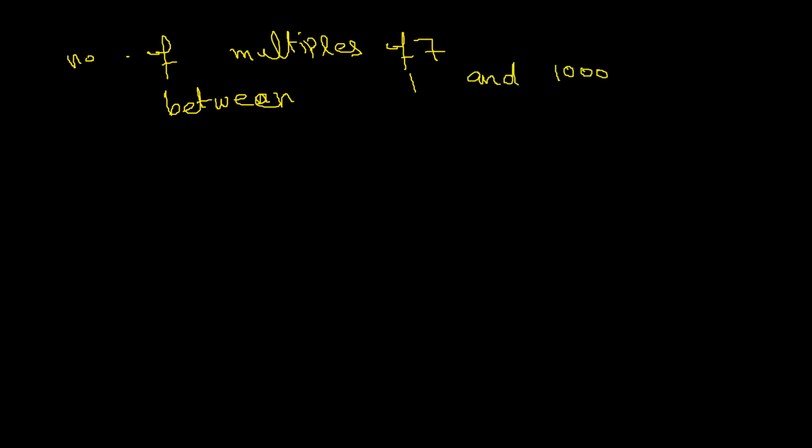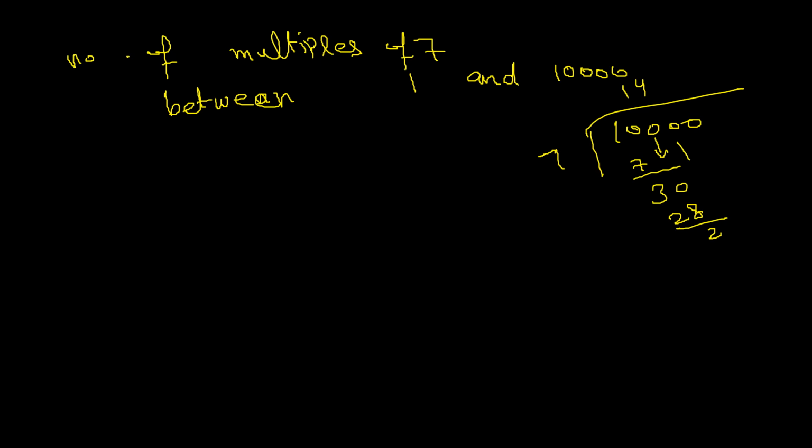First of all you have to divide 10,000 by 7 and see what the remainder is. 7 ones are 7 and 3 remains, and the 1 comes down. 7 fours are 28, and 2 remains, and the 0 comes down. 7 twos are 14, and 6 and 0, so 7 eights are 56.